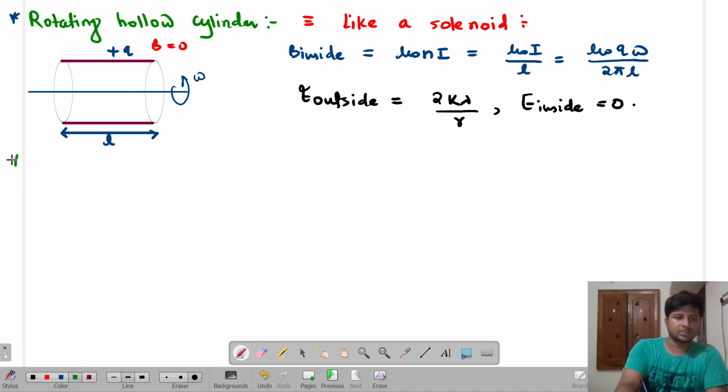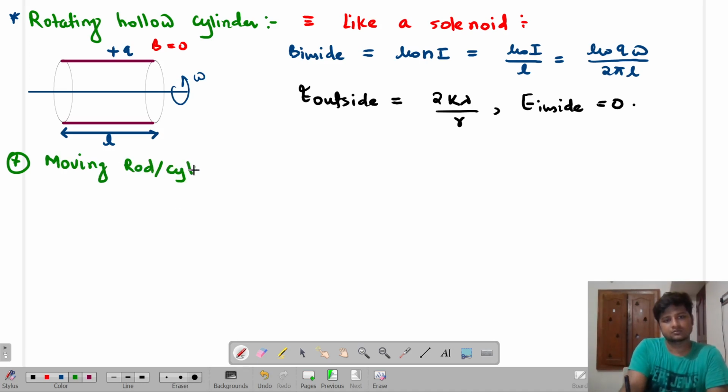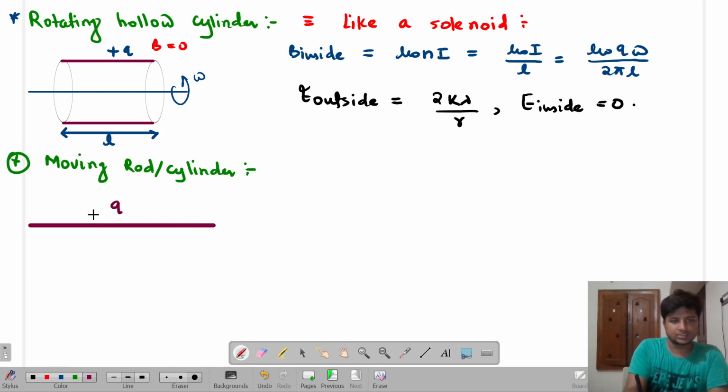Okay, let us discuss another case. Moving rod or cylinder. Okay, so let's say this is a rod which carries some plus charge and the length of the rod is L, or the length of the cylinder is L. It's moving with some velocity V this way.